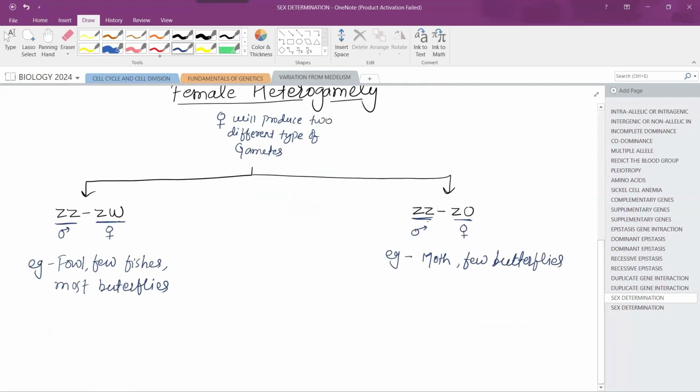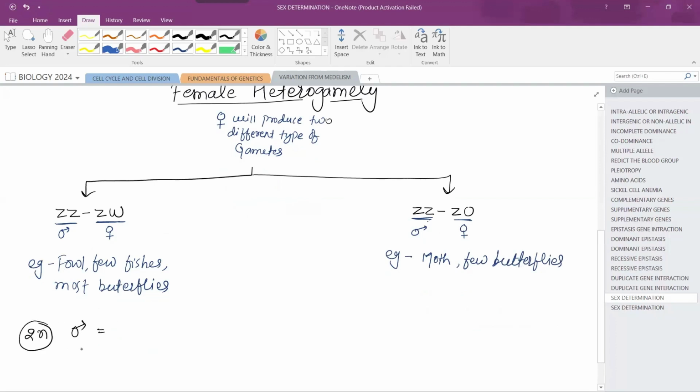So now you tell me, what is the somatic cell? That is, how many chromosomes, what is the combination of autosome to sex chromosome in the diploid cell of a male fowl?